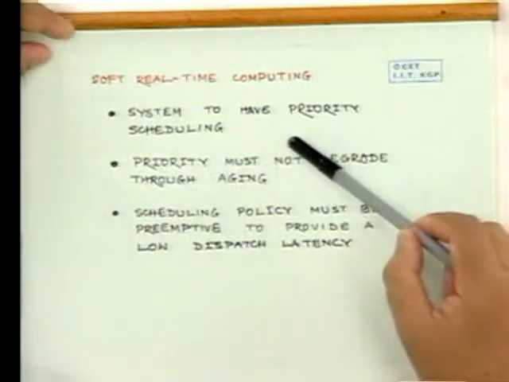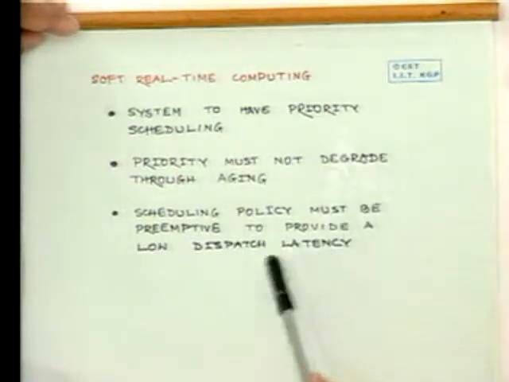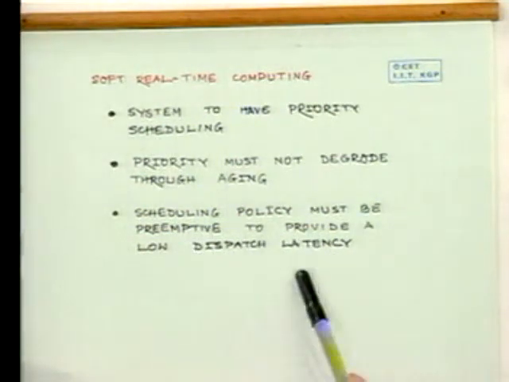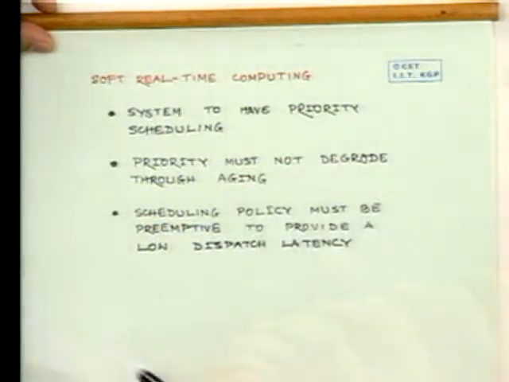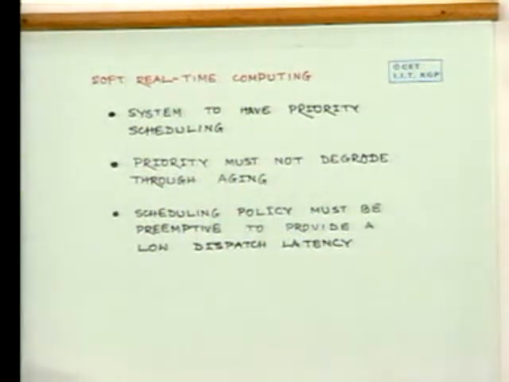Since it's a real-time system, you cannot allow the degradation of the priority of a process, and the scheduling policy must be preemptive to provide a low dispatch latency, in the sense that if a real-time process comes to the ready queue, and there is a process executing on the processor which has a lower priority, then that process has to be detached from the processor, and this process having the higher priority, the real-time process, has to be dispatched immediately.